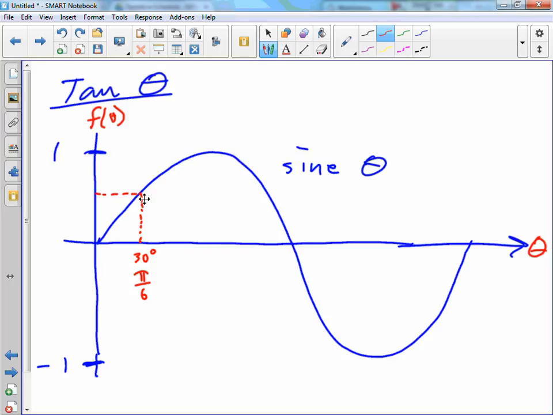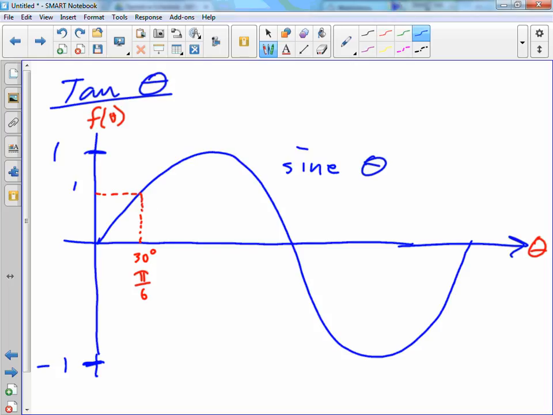How high will it go, Esme? Not yet. If you're not sure, look at your unit circle and go sine of 30 degrees. One half. There you go.